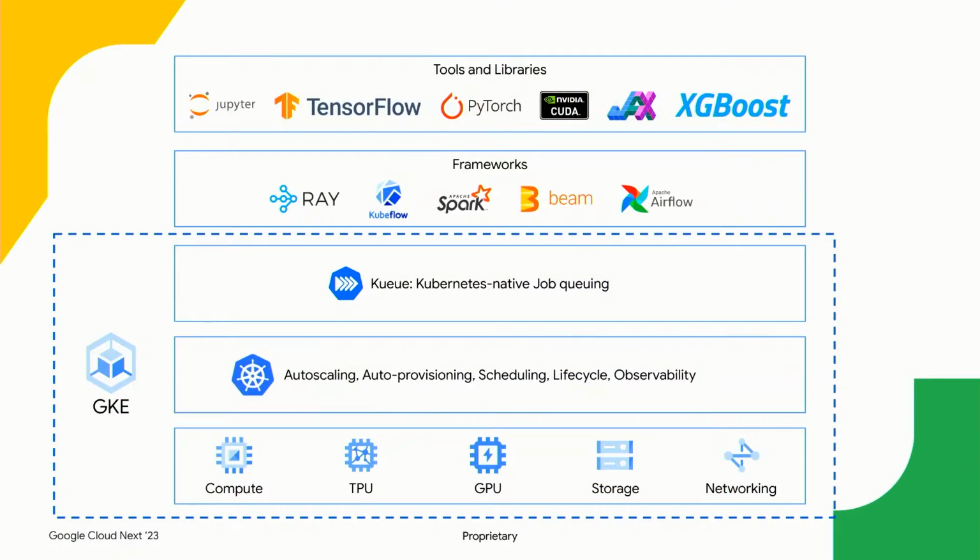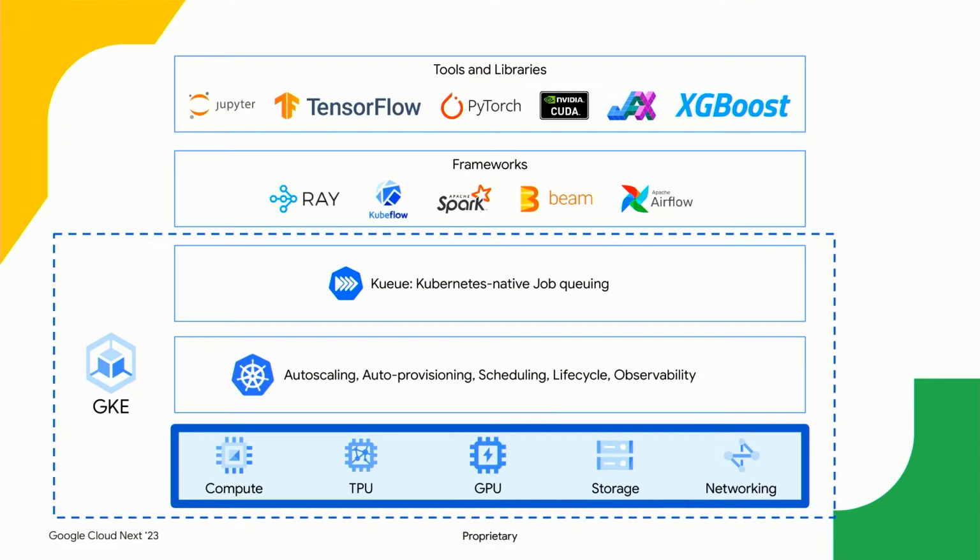And above that, an open source Kubernetes-native system called Kueue provides many of the features you need to manage jobs. And on top of GKE, you are running your ML frameworks, tools, and libraries. I will start at the bottom of the stack and work upwards.